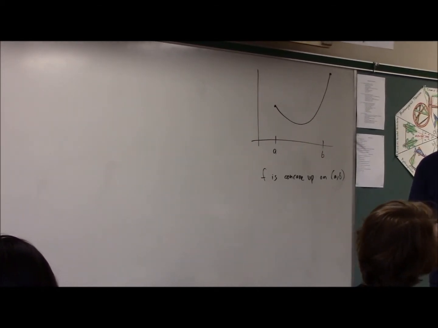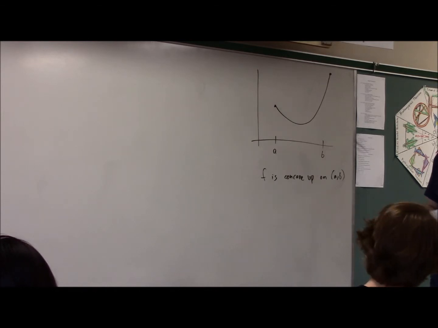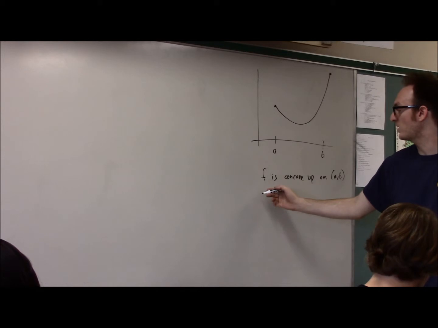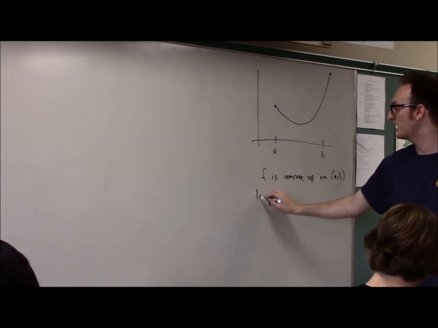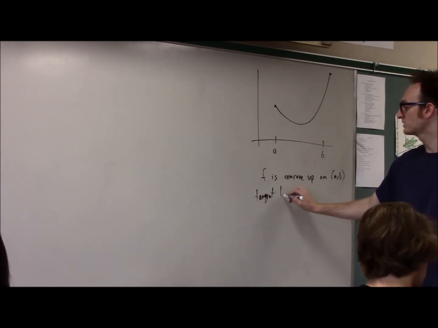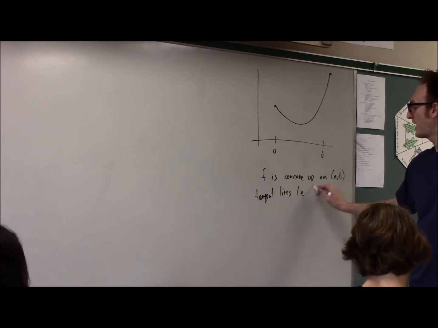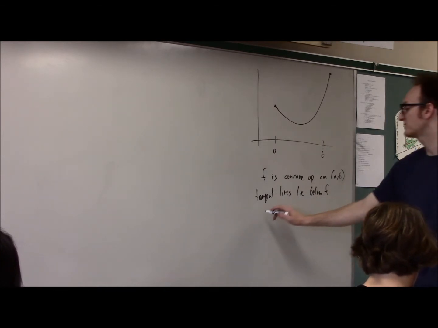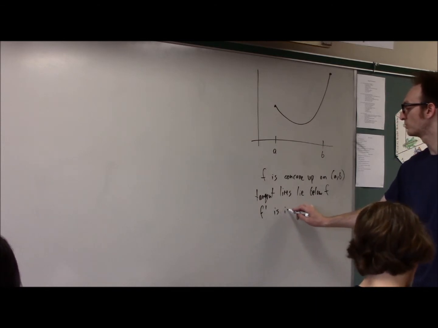Yeah, all tangent lines lie below the curve. So that's one way of doing it: that all tangent lines lie below f.